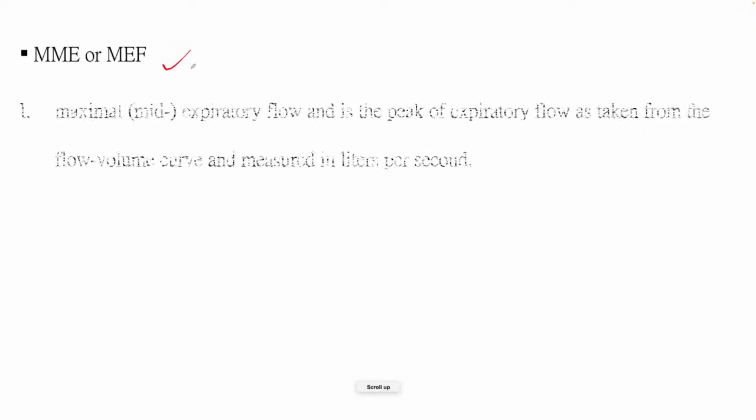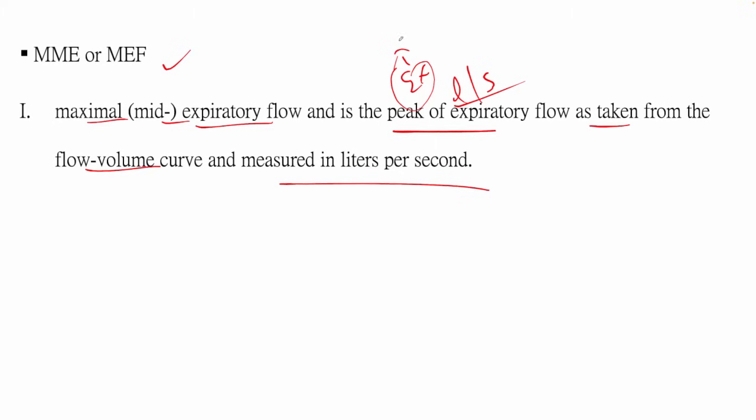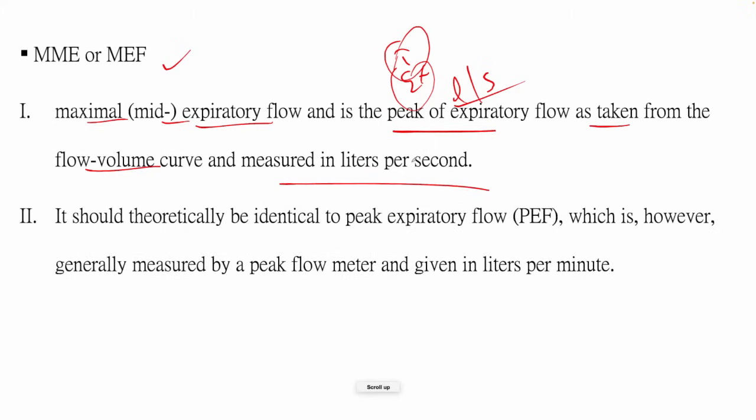MMEF or MEF, that is the maximal mid expiratory flow, and this is the peak of expiratory flow taken from the flow volume curve and measured in liters per second. This is how it is measured, that is the highest expiratory flow in the peak, which is measured in a flow volume curve. It should theoretically be identical to peak expiratory flow.